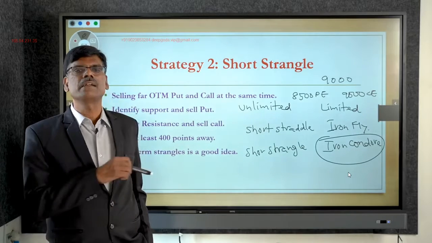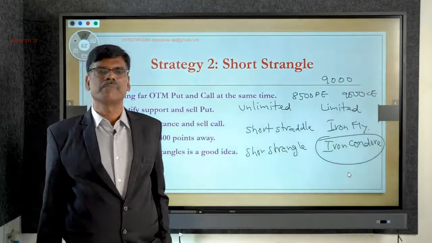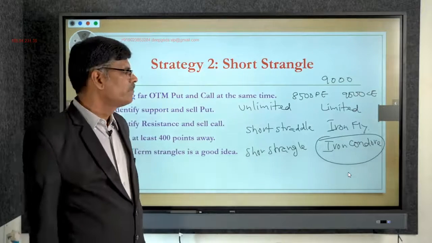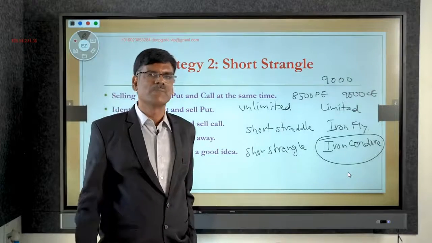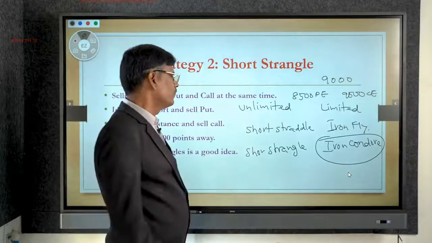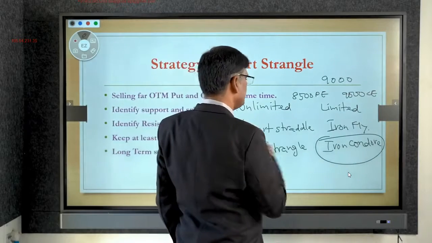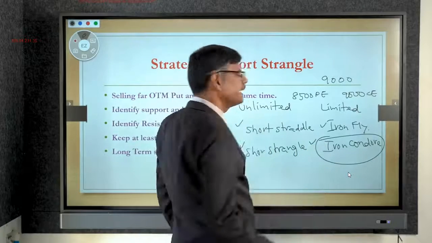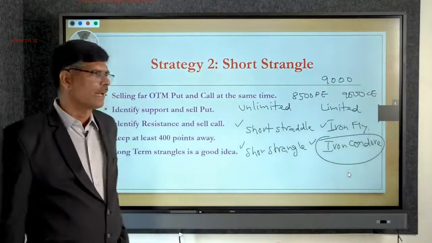So you have to take a hedged position only. Now in India also, that is happening. People will like to take only hedged positions, right? So we have covered short straddle, iron fly, short strangle, and iron condor, right?